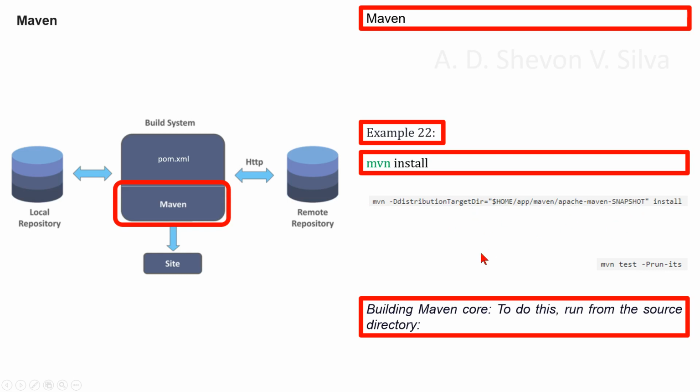Run the full Maven core integration tests before checking in a change or submitting a patch to Maven core. It is required to run the core integration tests using your local build of Maven. Run this command here.